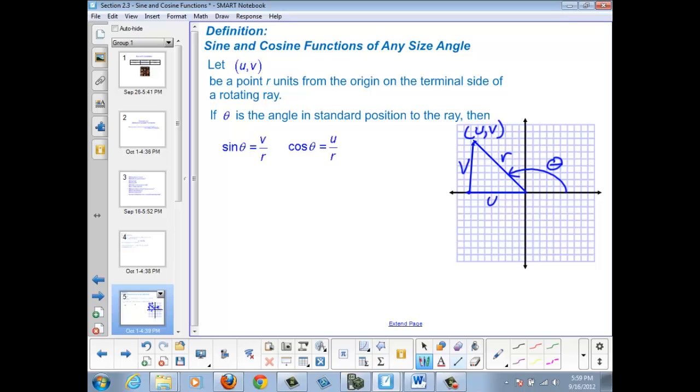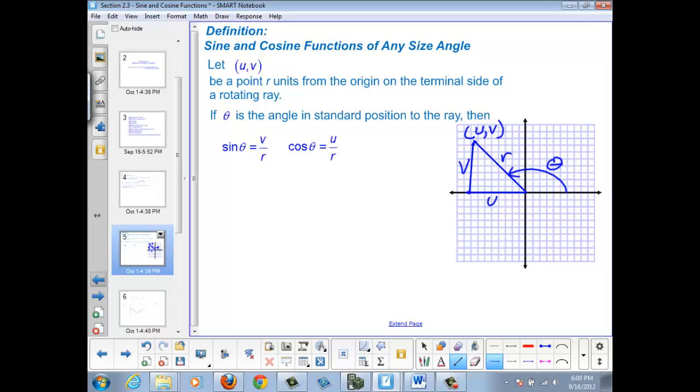So if we are going to calculate the sine of theta, that angle that we've drawn here, it would be defined by the vertical distance over r, and the cosine would be the horizontal distance away from the origin over r.